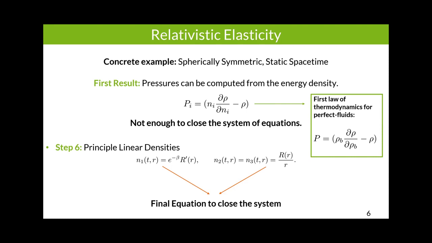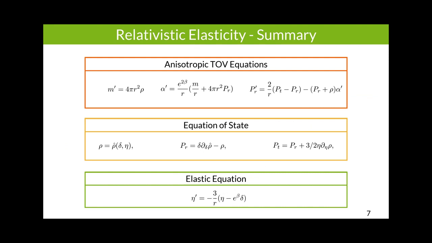As you can see, we have an implicit differential equation between N1 and N2, and N3 is the same in spherical symmetry. This final equation is what will allow us to close the system, compute everything and build stars with these materials. So just to summarize.